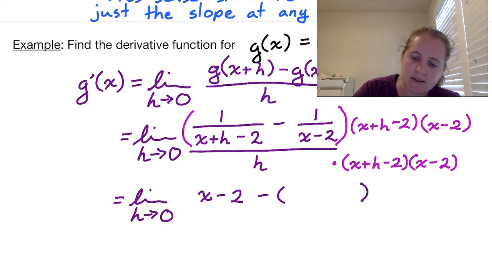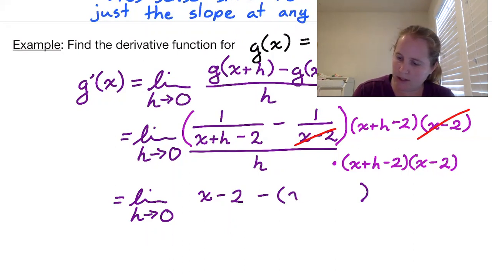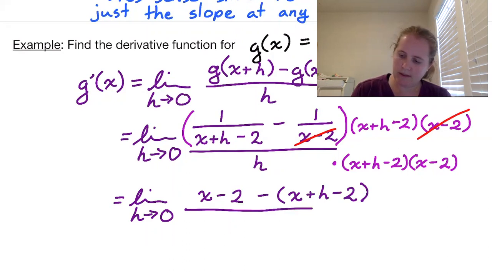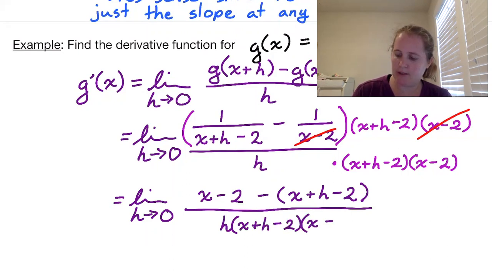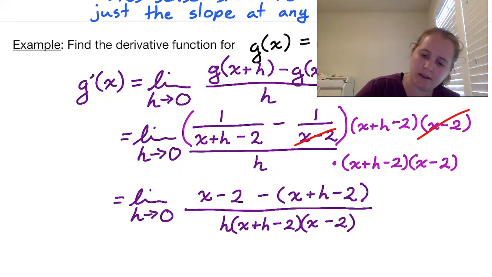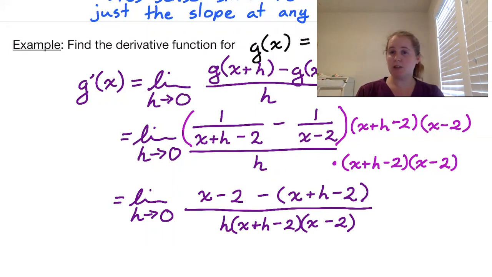In this case, the x minus 2's will cancel, and we will just be left with the x plus h minus 2. And then down below, we will have h times x plus h minus 2 times x minus 2. So again, I'm going to erase my canceling out because that was term by term canceling, and I reset every time we finished a term.